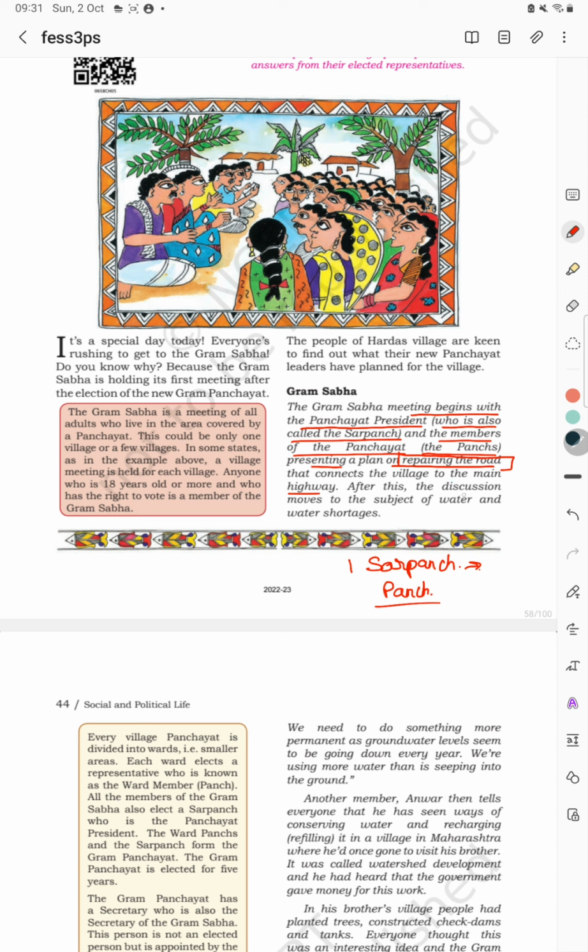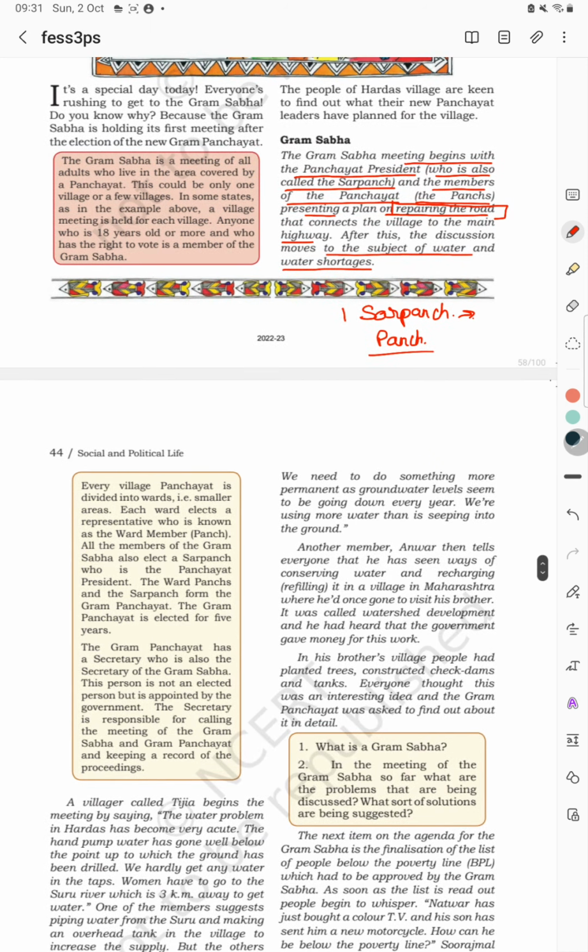After this, the discussion moves to the subject of water and water shortages. First they presented repairing of the road from their village to the main highway. This was agenda 1, presented to the members of the Gram Sabha. Then they moved on to the second agenda, water and water shortages.